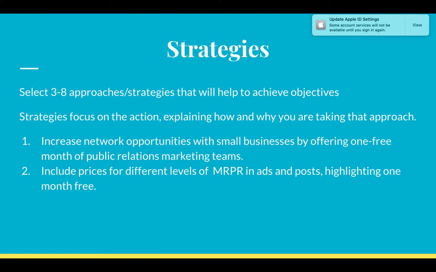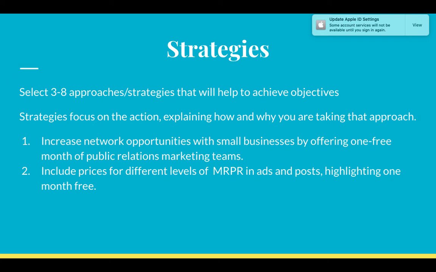We have some strategies. Strategies are approaches used to achieve these objectives. A PR plan can typically involve anywhere from 3 to 8 strategies, depending on how complicated the objectives are.